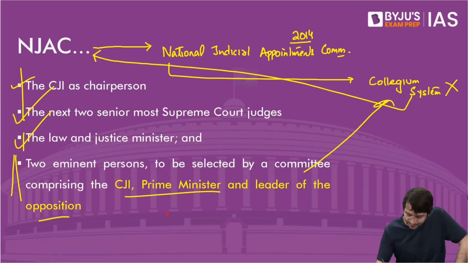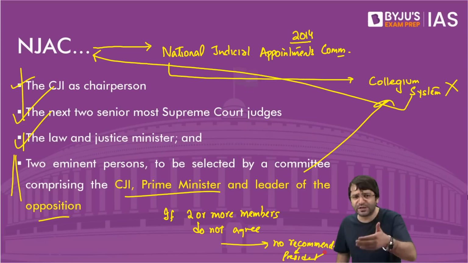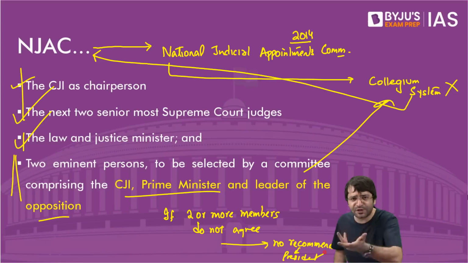Further, if 2 or more members do not agree, no recommendation can be sent to President. That means who will appoint judge? President. Who will appoint Chief Justice?